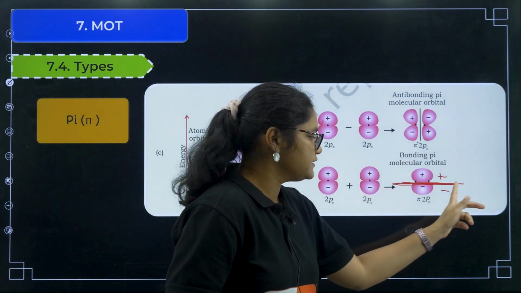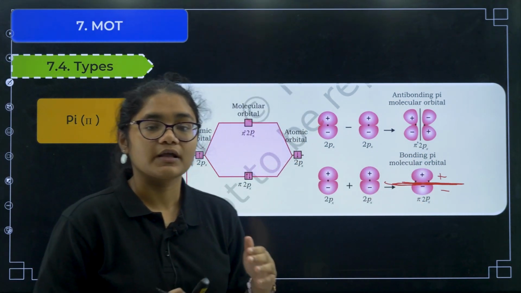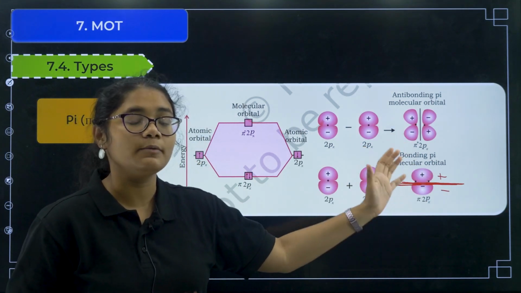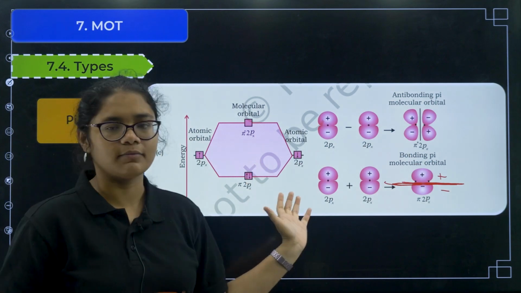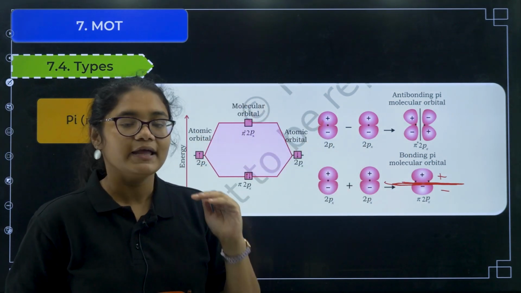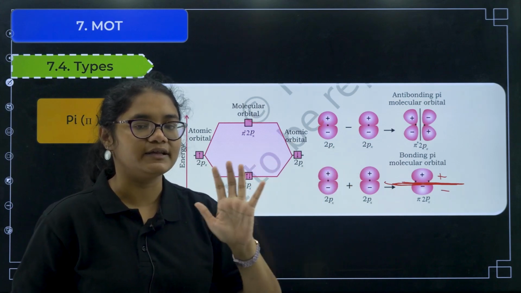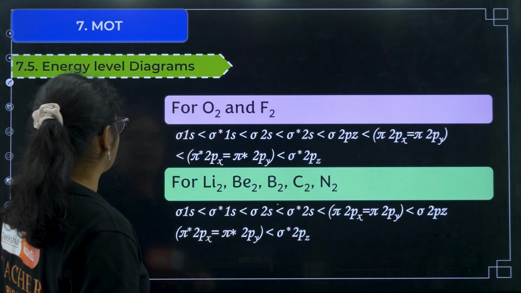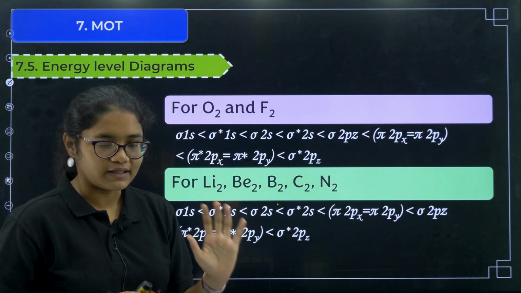Due to the presence of this, we will have asymmetry along the bonding axis. So that is why it is called a pi bond, okay. So that is the meaning of sigma bond and pi bond. In a sigma bond, along the bonding axis symmetry is there; in a pi bond, along the bonding axis there is no symmetry, okay.